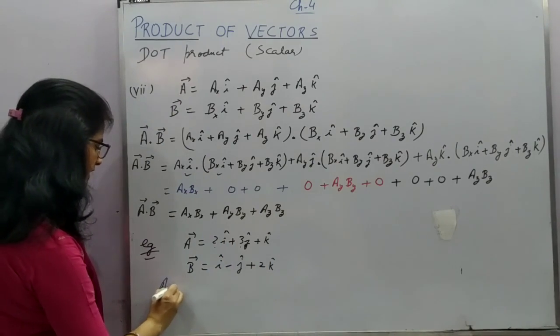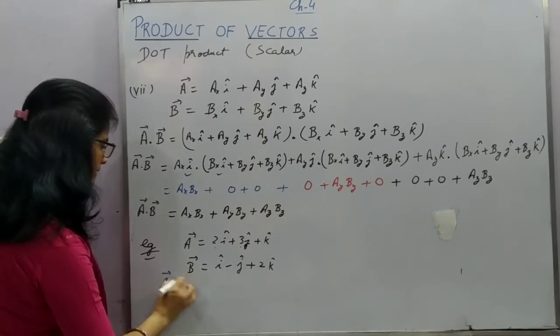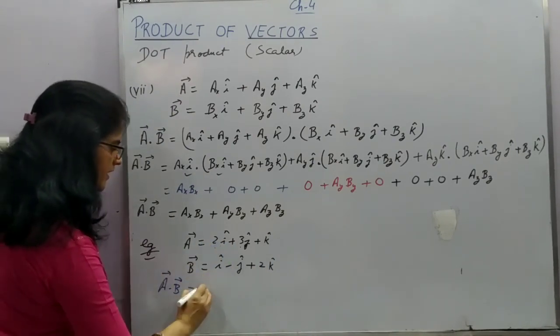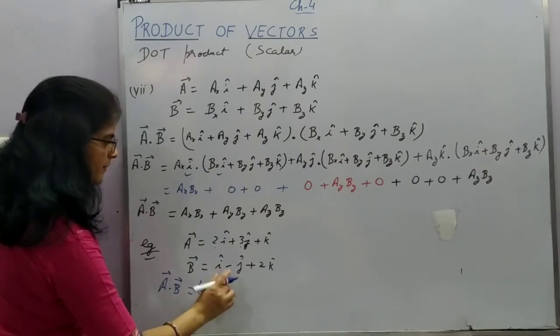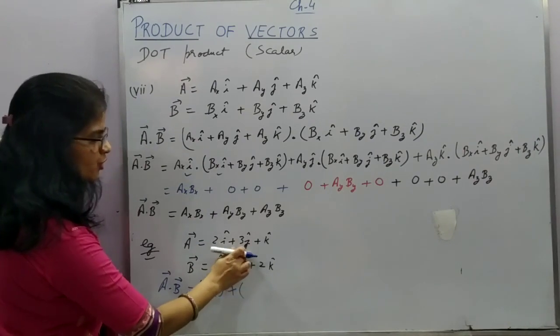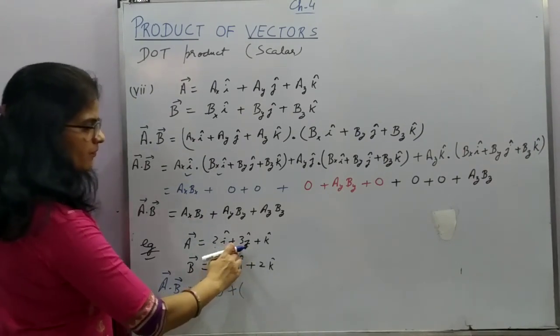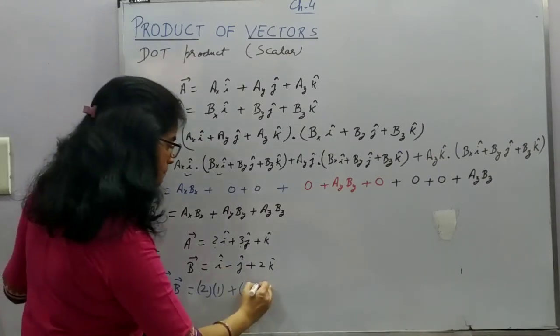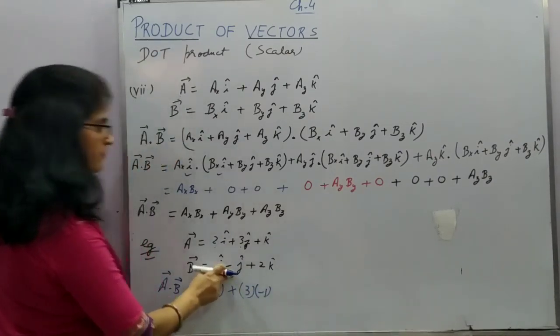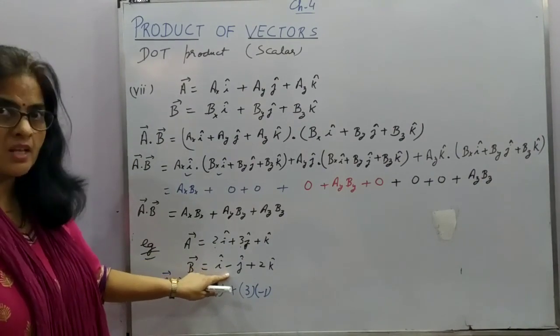So directly I can write a dot b vector will be: the coefficient of i here is 2, the coefficient of i here is 1, plus the coefficient of j here is 3, now the coefficient of j here is minus 1. Very important, people tend to make this mistake. Right?